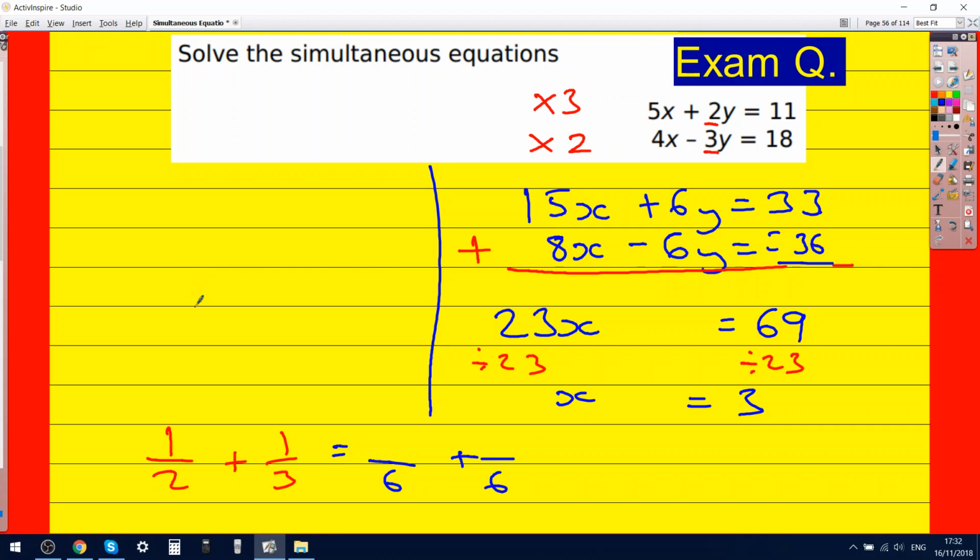Then you can go back to the first one: if x equals 3, then that's 15 plus 2y equals 7.